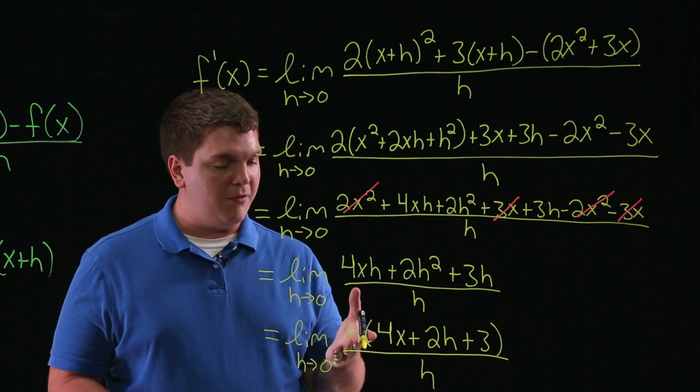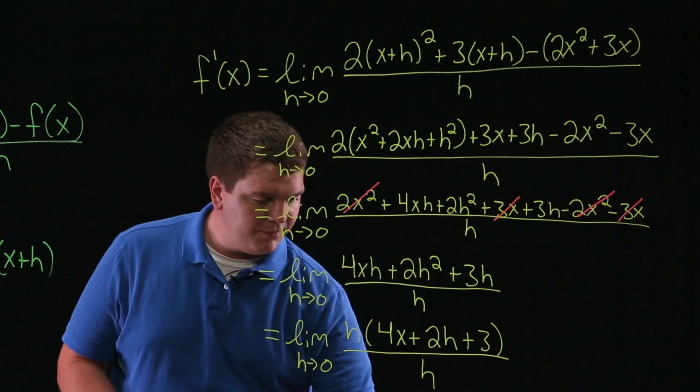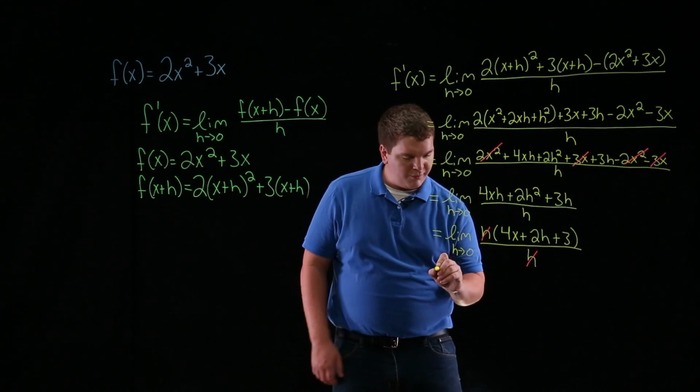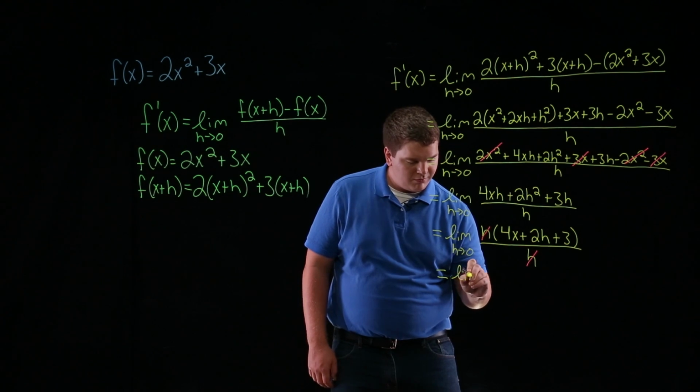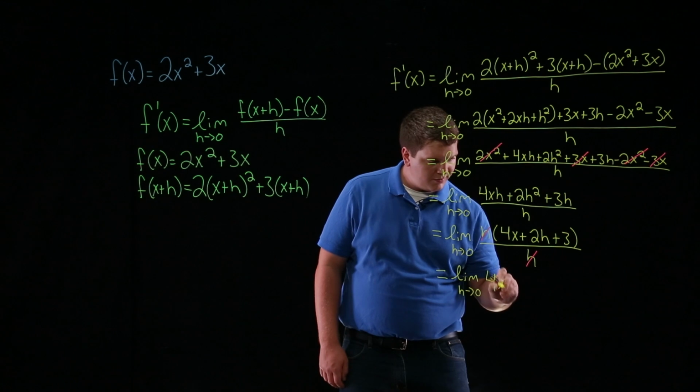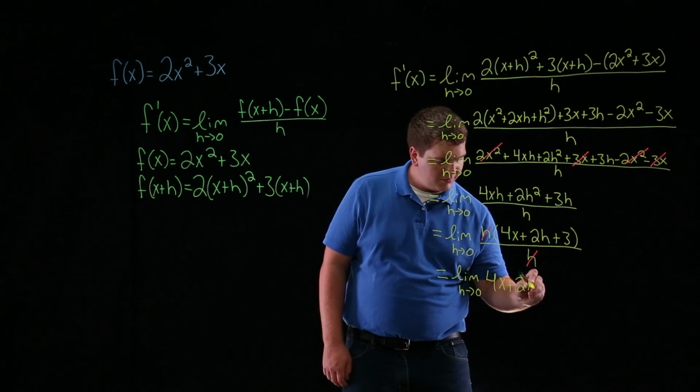Here we see there's a factor of h in the numerator and the denominator. These will cancel. And finally, what we're left with is the limit as h approaches 0 of 4x plus 2h plus 3.